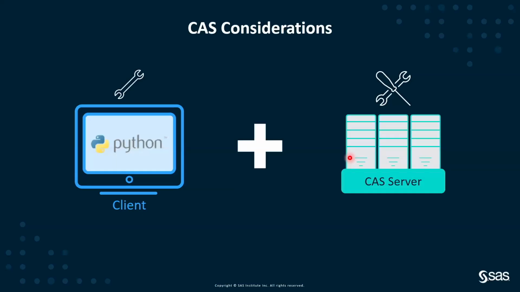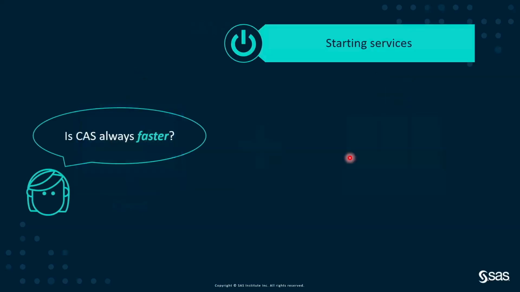You say that the CAS server is fast and everything is there, but there should be a justification for doing such an integration. For example, the CAS server itself would take time to start the services. Of course, as an end user you're probably not worried about this, and once started, they are available 24/7.